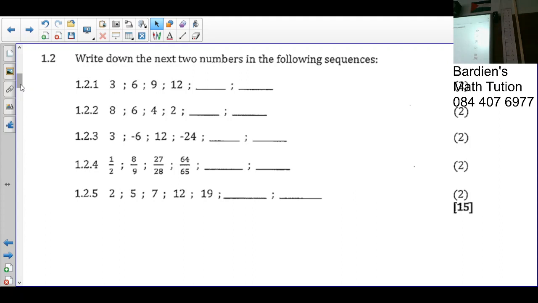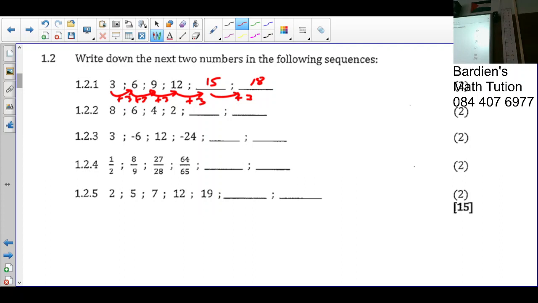Add 3. And from 6 to 9? Add 3. And 9 to 12? You add 3. So in other words, I must add 3 to get the next term. You're going to get 15 plus 3 is 18. You all agree with that?